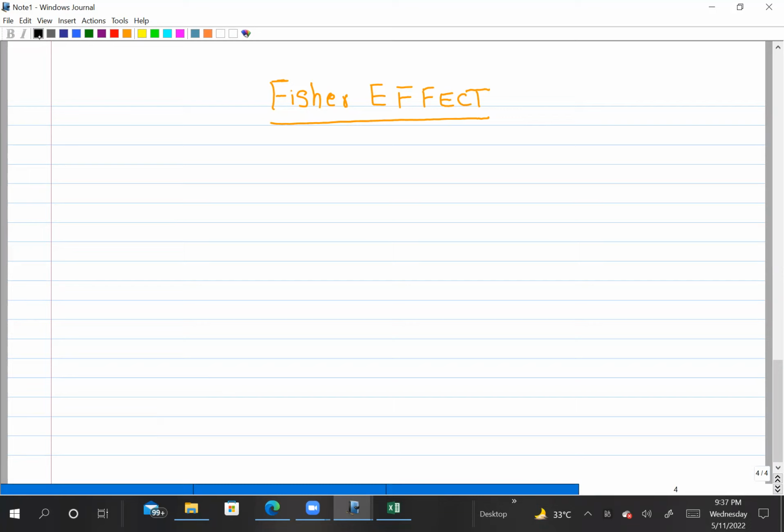First of all, dear students, the cash flows which we may use in NPV have two types with the point of view of inflation.